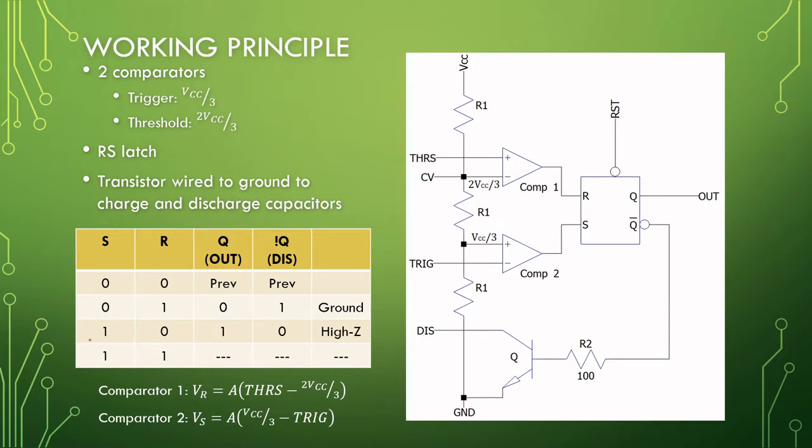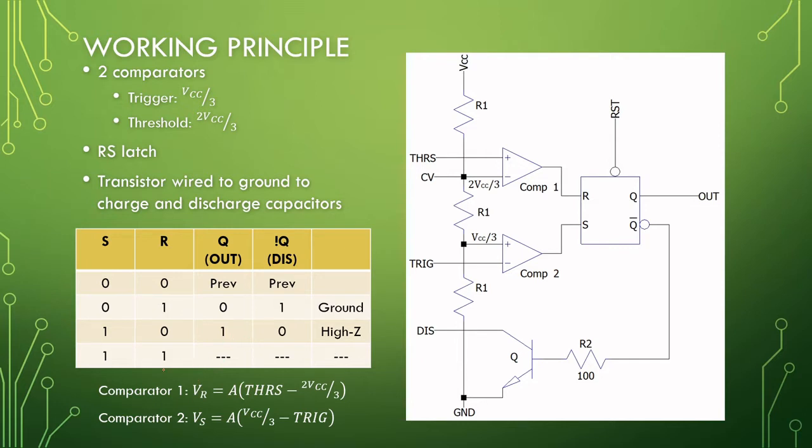And if S is triggered, we are setting our output. So Q is out, so our output will become 1, R becomes 0, so here we will have a high, this will be a 0, so this transistor will be off and a high impedance, and the state 1 1 is forbidden for the RS latch.